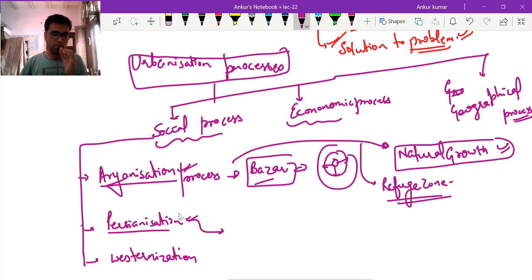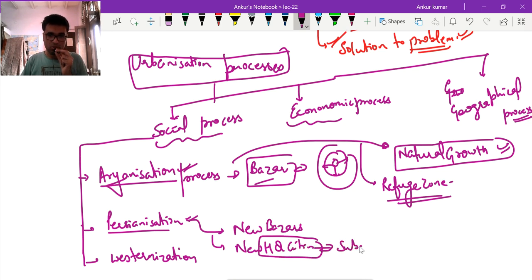However, in the Persian period, mainly the medieval period, new bazaars were established, new headquarter cities were established, new cities were established. For example, subas during the Mughal time. These acted as growth poles, and around these subas the population concentrated, leading to the formation of new administrative headquarters. They were mainly dominated by Islamic influence, and Islamic architecture was the main influence there.